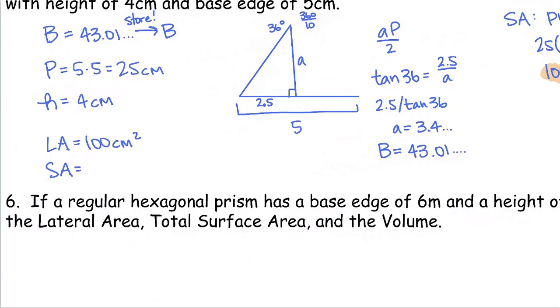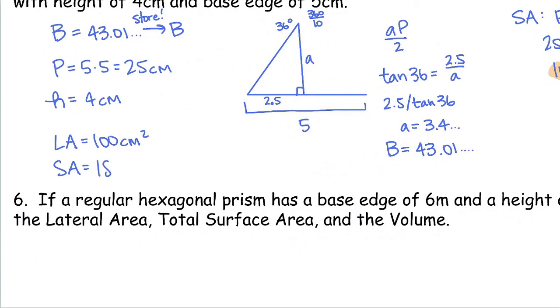And I end up with a total surface area of 186.02 centimeters squared. And for my volume, I'm going to do big B times H. So I'm going to use that 43.01 times my height of 4 and end up with 172.05 centimeters cubed.